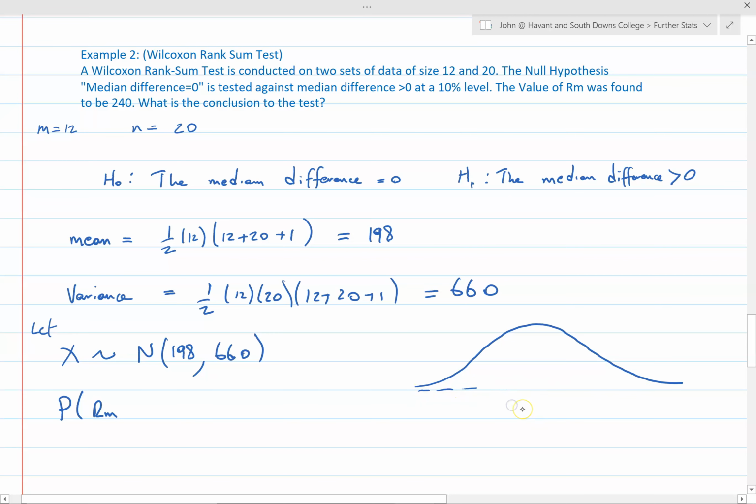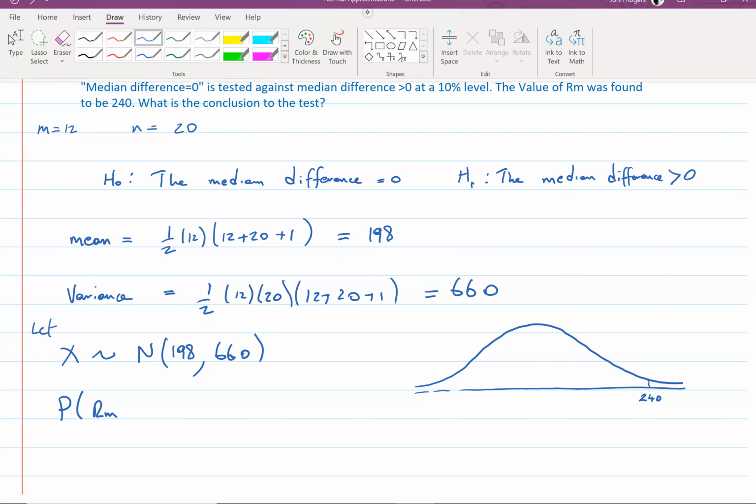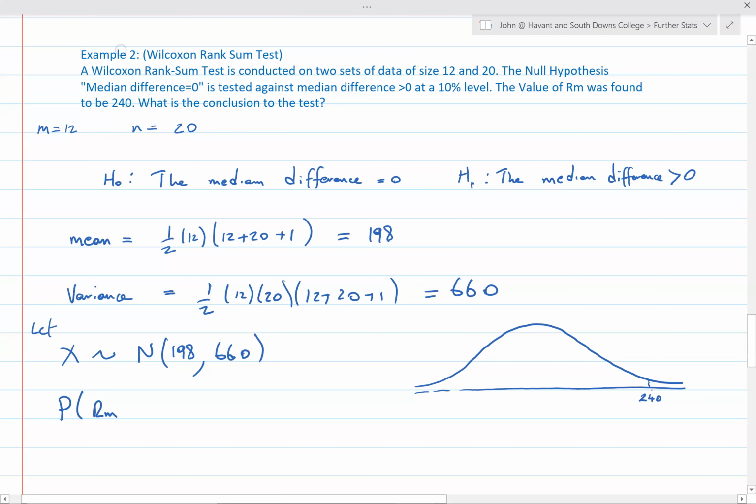So we're looking at this end of the tail because we're above the mean. The mean, or median, same thing, is 198 for the normal distribution.